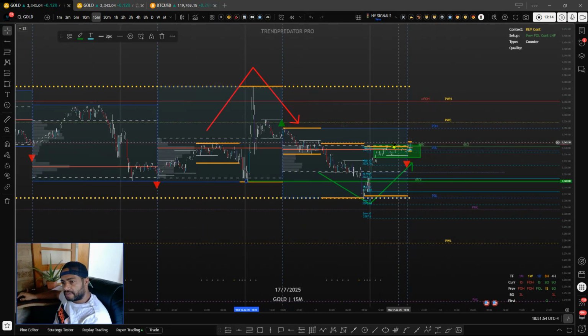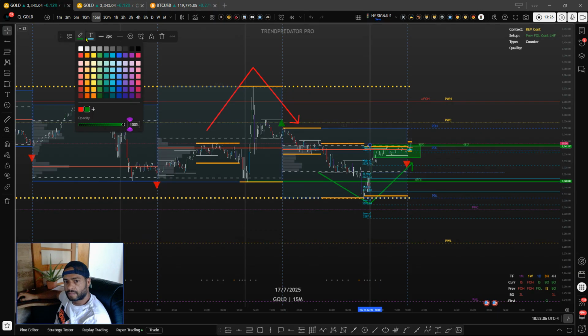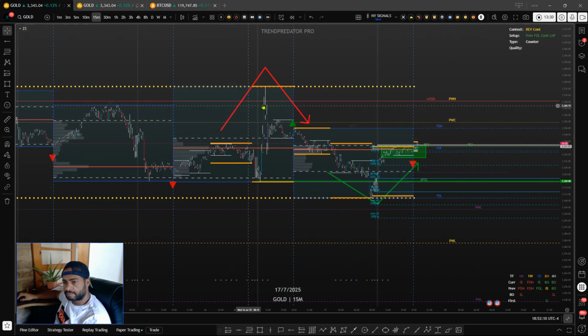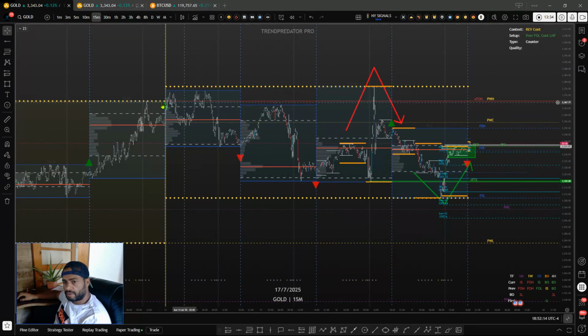And then looking left, we've got the value area high of the day that's just closed. So bullish above that. We got the highs of last week as a target.